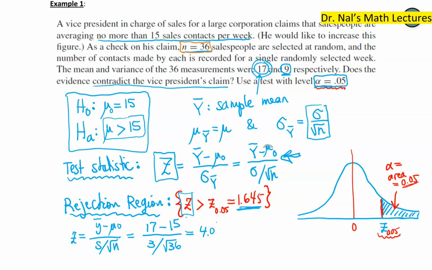But 4 is decidedly greater than 1.645, which was the critical value, z 0.05. As a result, the observed value of z is within the rejection region, and so we reject the null hypothesis.